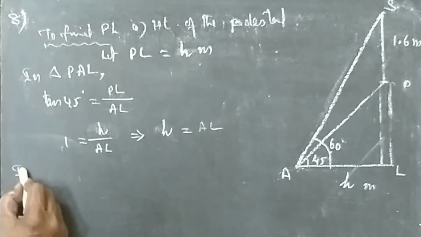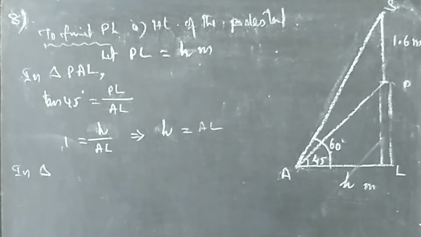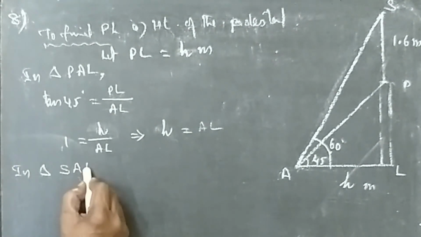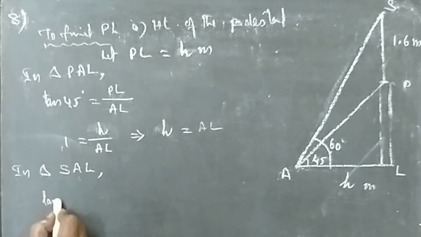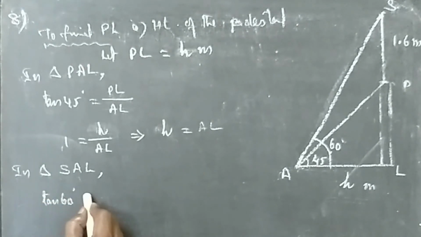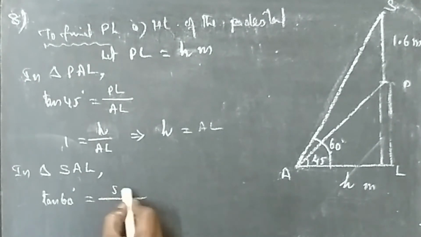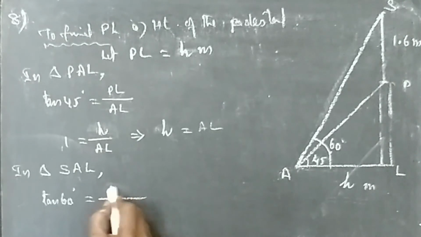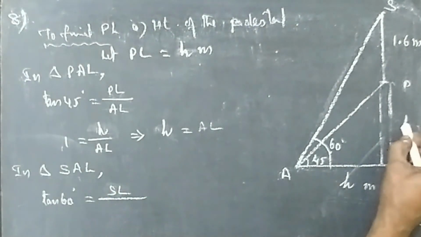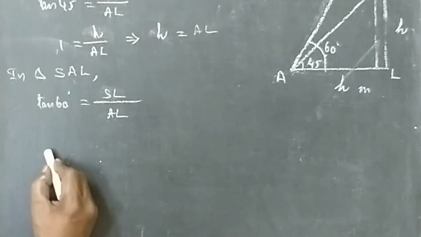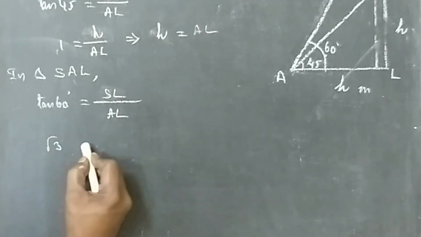Again, in triangle SAL, tan 60 is equal to the opposite side, that is SL, by AL. Tan 60 is equal to root 3.